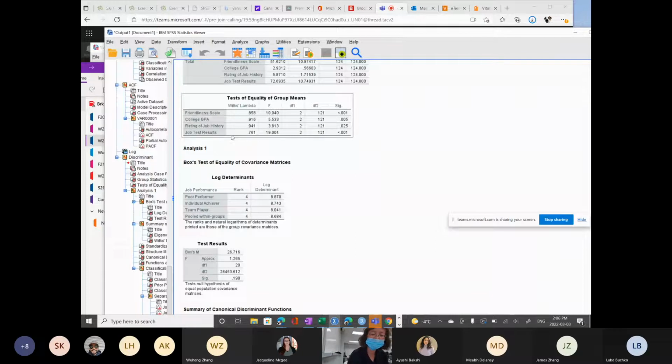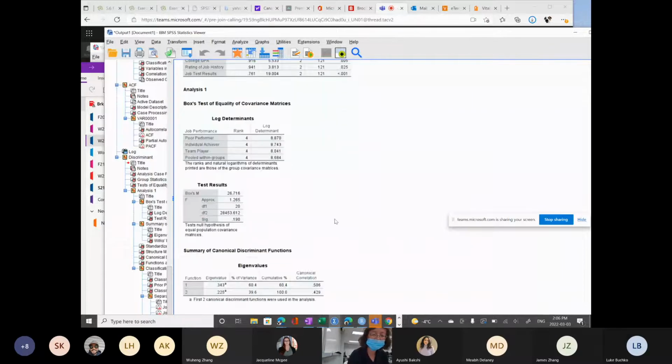This is this table. And then we have log determinants. Here we have 3 groups: poor performer, individual achiever, team player. And the rank represents the number of independent variables.